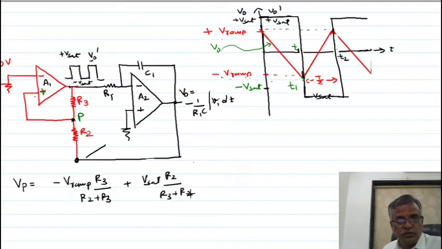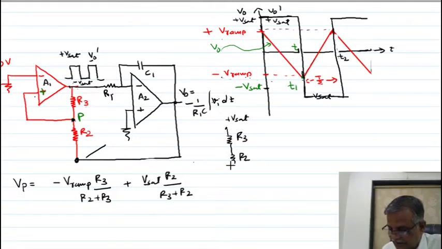You already know how to use the superposition principle. Just for your knowledge, I am writing it again with R3 and R2. When plus Vset is there, I take this as ground. What is the voltage at P? At P I can write it is Vset into R2 upon R1 plus R2.